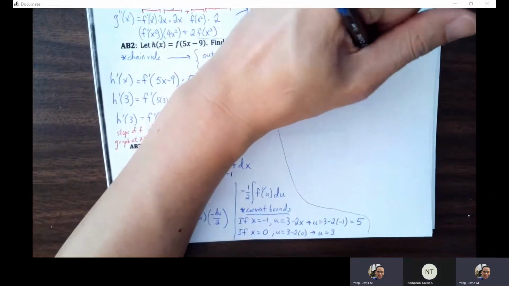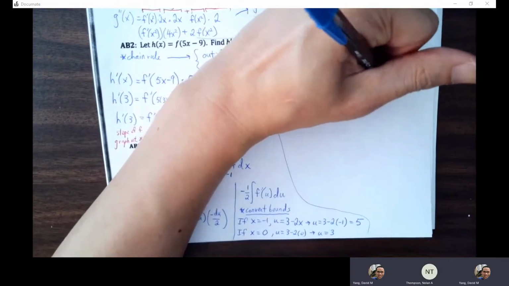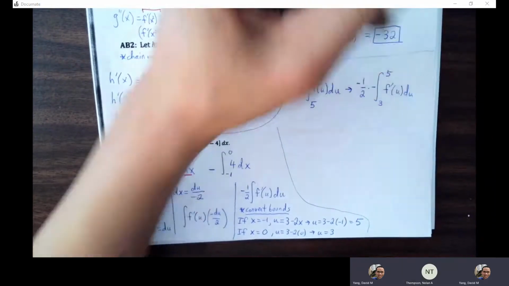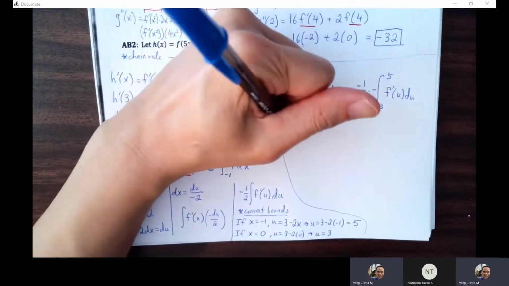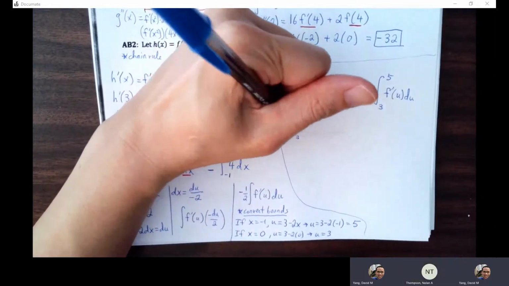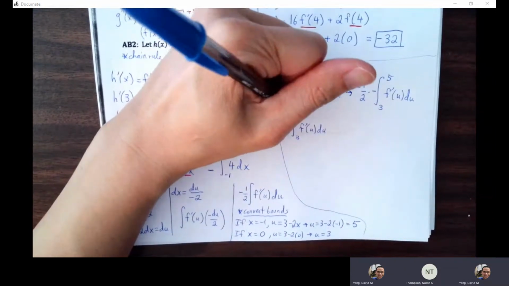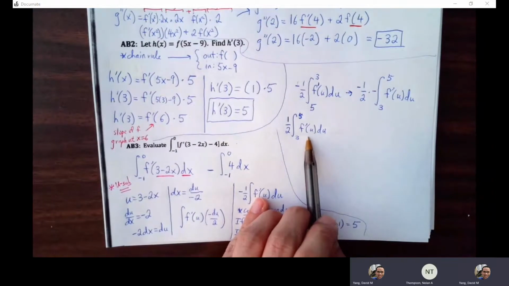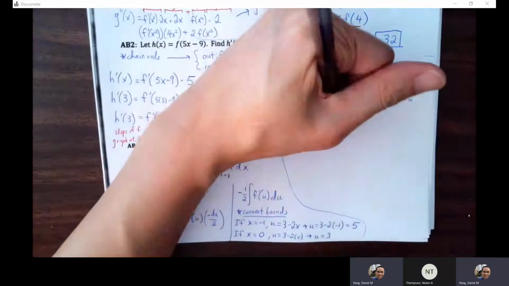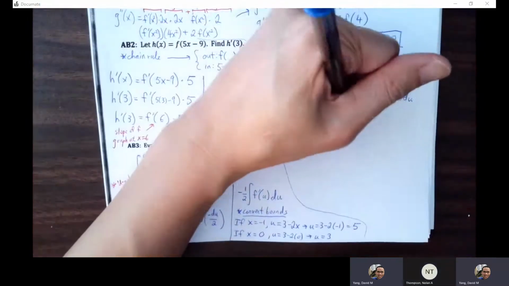Okay, -1/2 times negative integral from 3 to 5 f prime of u du. So that cleans up to be 1/2 integral from 3 to 5 of f prime. All right. Now, we can find the antiderivative. We know integral of f prime is just f. So F prime becomes f.